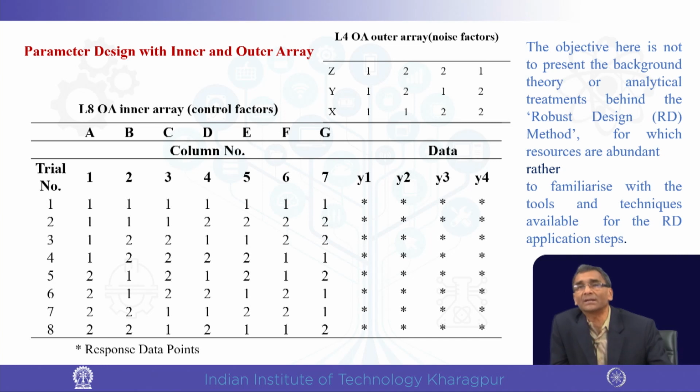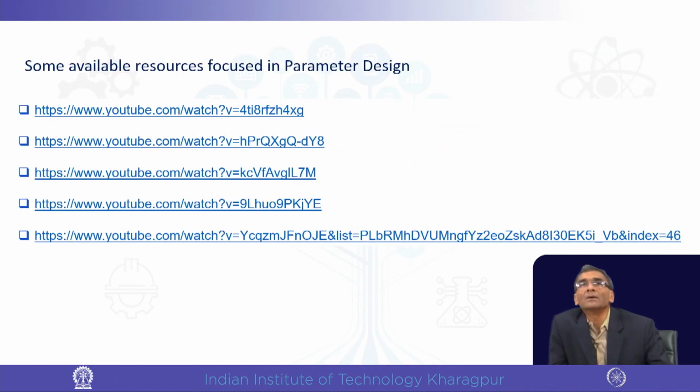We will discuss that separately in a separate discourse, but we would understand what the process is. Here are the sources, links from where you can understand parameter design. I would give a glimpse of this. I said it is a primer. We will not go into the detail of this, because details are plentifully available.